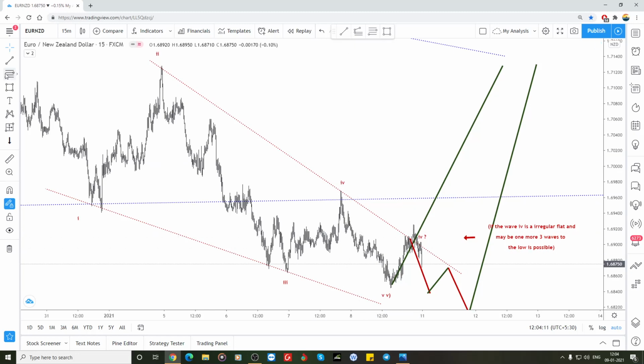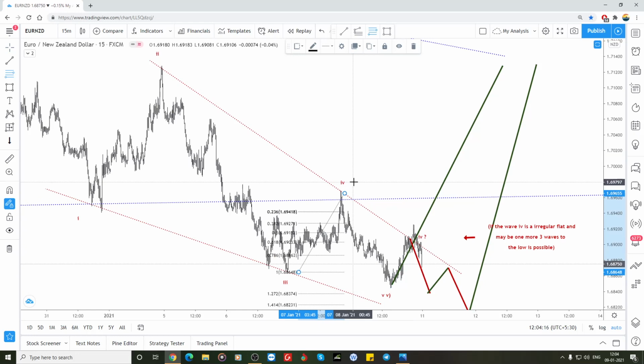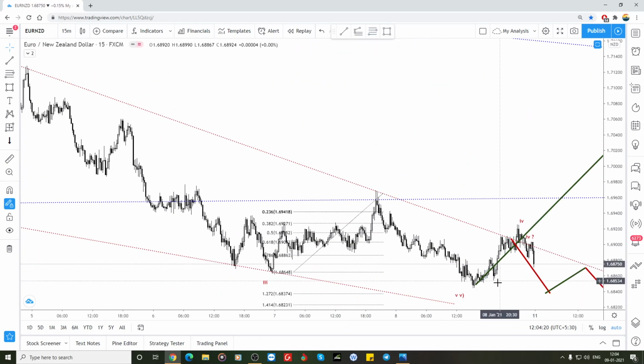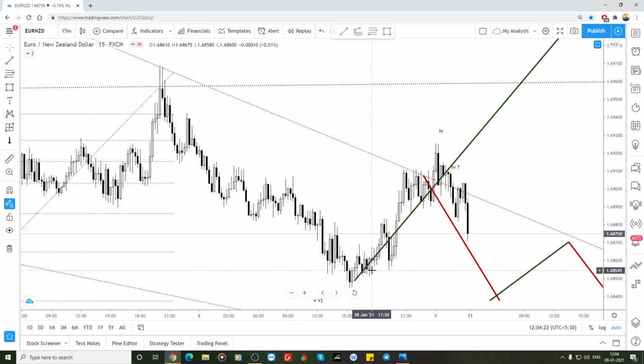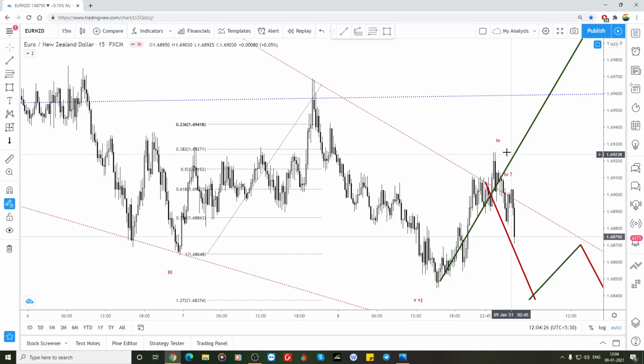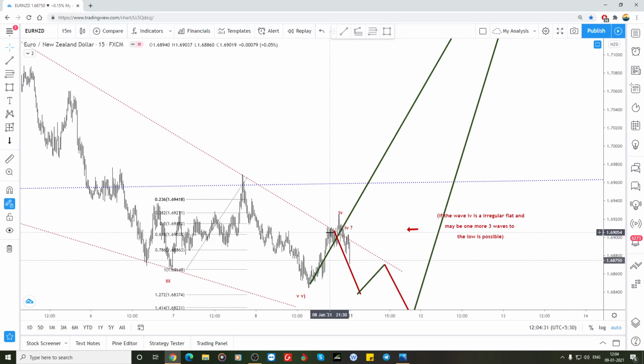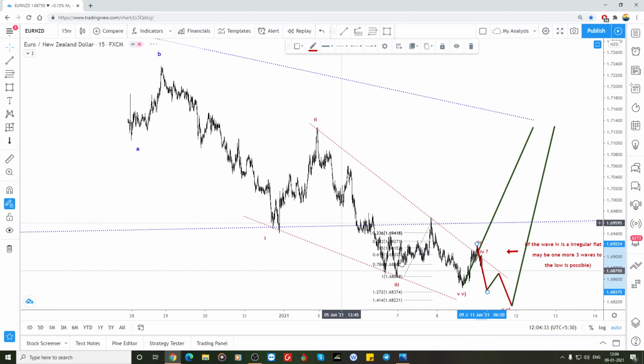The fourth wave can be, see, here it did only 1.27 within that. So the fourth wave can be like this because it already did a 5-wave structure here. So this could be the end of the fourth, and the fifth can be like this.